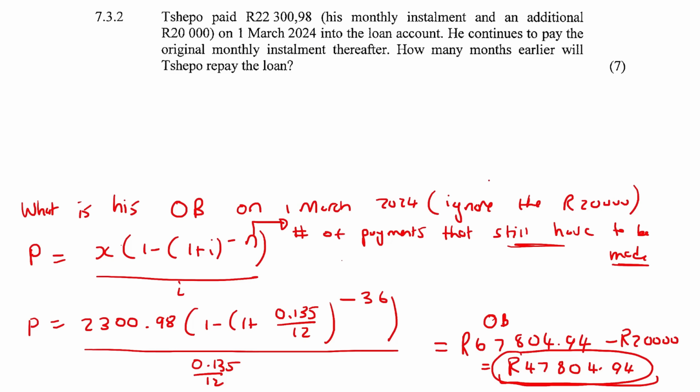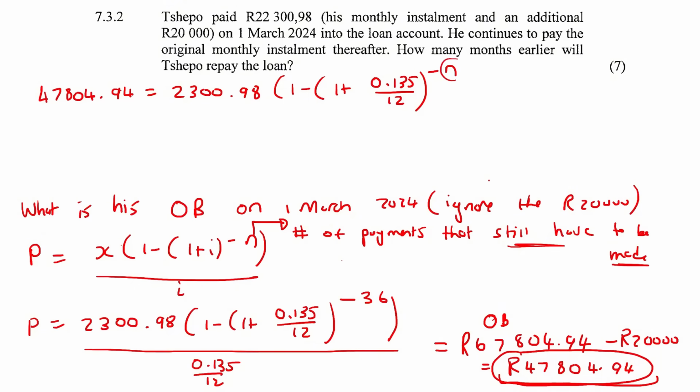So we can use that formula again and say 47,804.94 equals the original monthly installment, times 1 minus the interest rate, which doesn't change, it's still 13.5%, but we now don't know the brand new number of payments that still need to be made. When we get this answer, that's not the final answer. There's an extra little catch at the end, okay? And then 0.135 over 12.